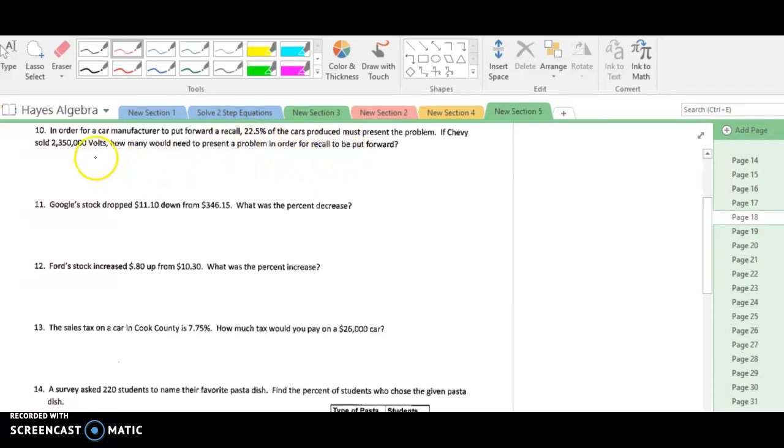Well, we're basically figuring out what is 22.5% of 2,350,000. Well, all you're going to do is change that to a decimal, and then of means multiply.